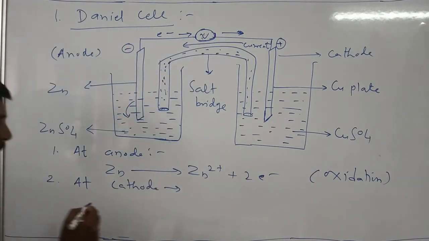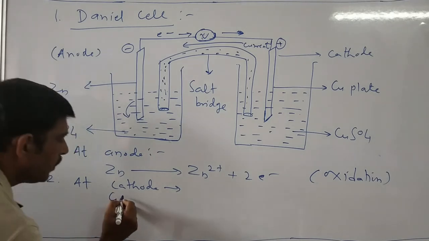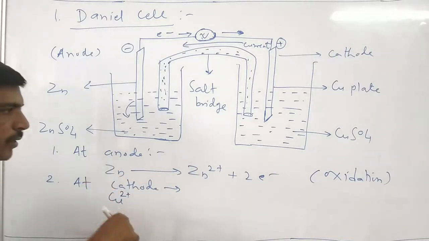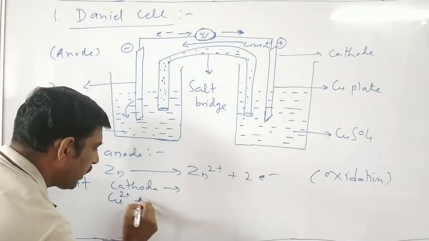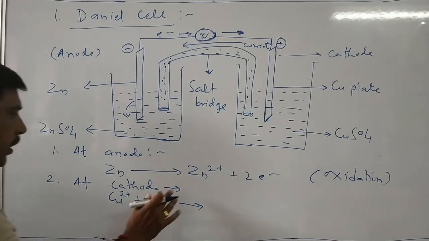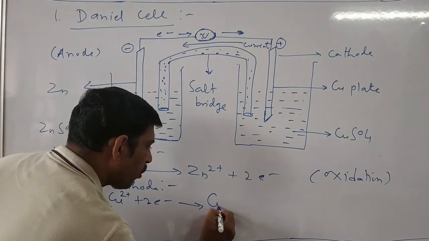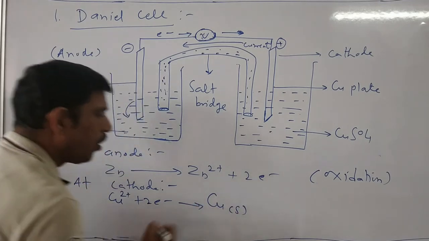So at the cathode, what happens? This copper ion will gain the 2 electrons and we get elemental copper, solid copper.